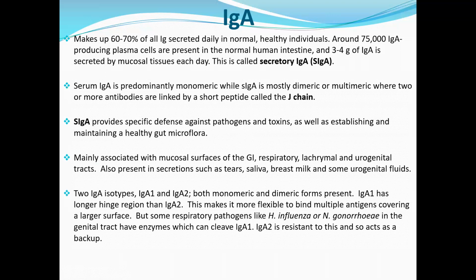So even though IgA is the most abundant antibody produced by the body, most of the IgA is secreted from the body in terms of the gut, in terms of excretion, or in breast milk, in sweat, tears, and so on.